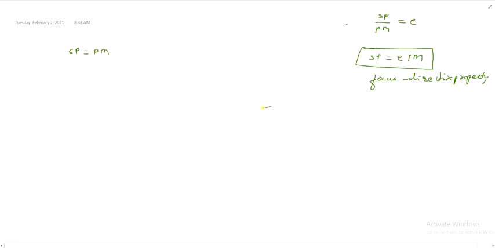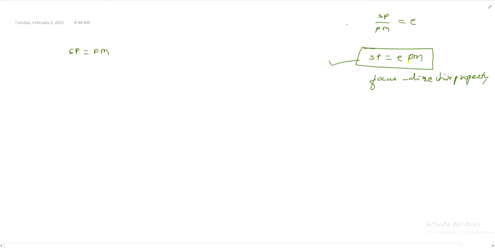This equation is called the focus directrix property of the conic section, that is SP is equal to E into PM. This equation is very important when we are going to solve the standard equation of the conic section. Since here the focus S is used and the perpendicular distance from the directrix D, that is PM.